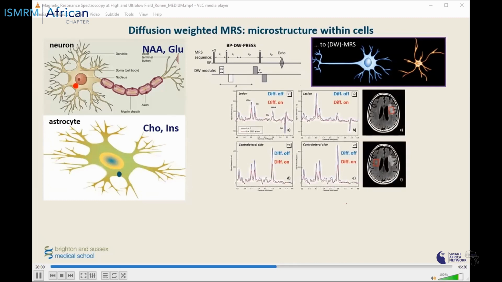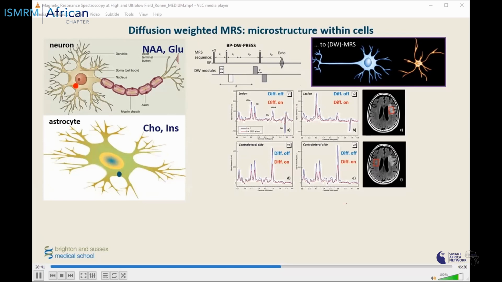For example, in this beautiful study from the group in Paris, where they looked at diffusion properties of metabolites in stroke, I give this example just to show you that we have the spectra that you saw earlier before. So for example, in the lower row, you can see spectra coming from a healthy part of the brain, and the strong peak of the NAA at 2 ppm without diffusion gradients is stronger than the peak with the diffusion gradients on.